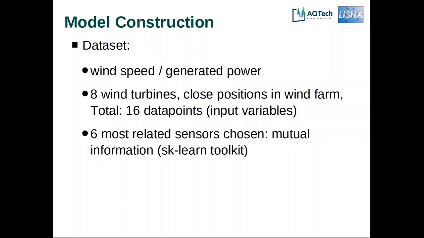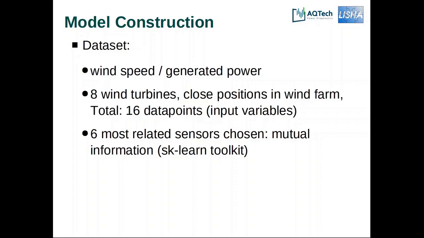The prediction models, artificial neural networks, used in this work were built over a dataset of 8 wind turbines at close positions in the wind farm. From each wind turbine, the wind speed and the generated power measurements were used, making available a total of 16 input variables or features to be used by the predictor's building process.